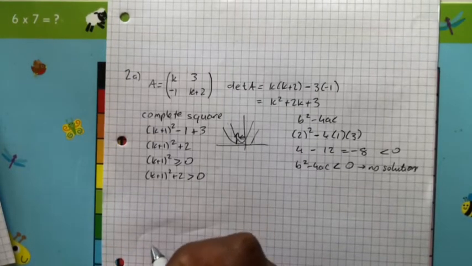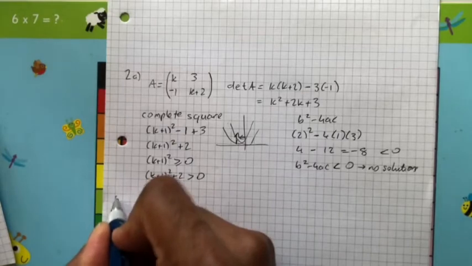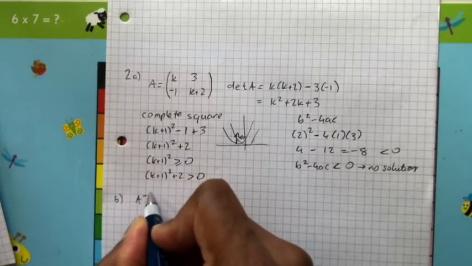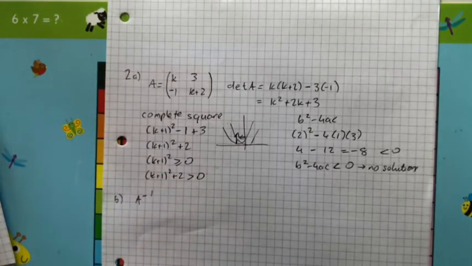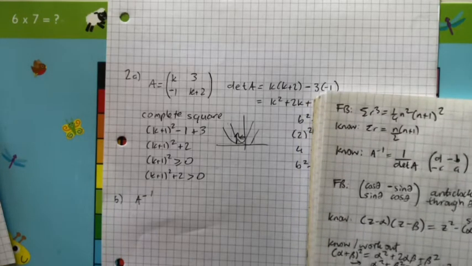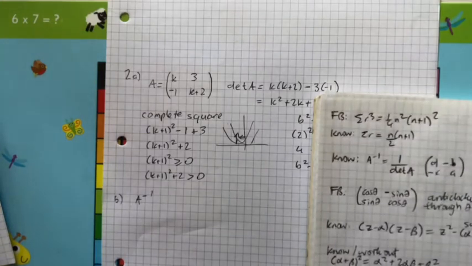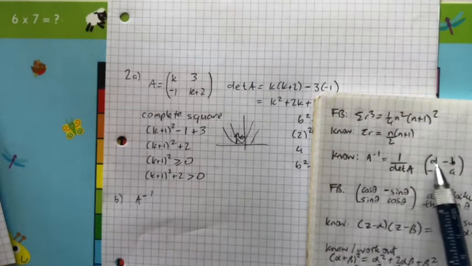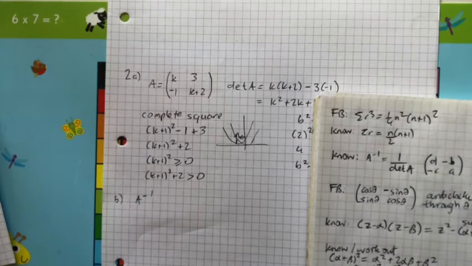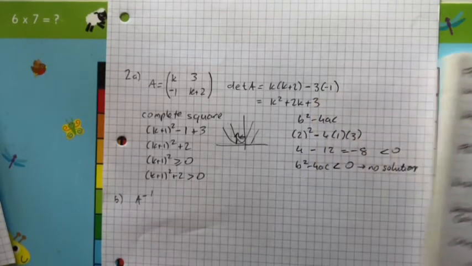Right, part B says find A to the minus 1, so the inverse of A. Things we need to know: the inverse of A is given by 1 over det A multiplied by the matrix, where those two have been switched and the sign of those two has been changed.